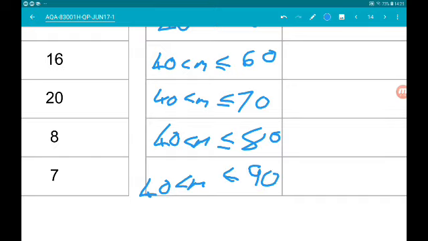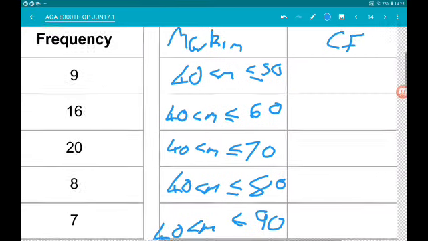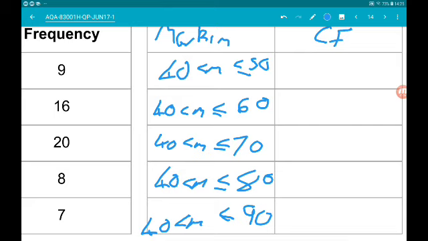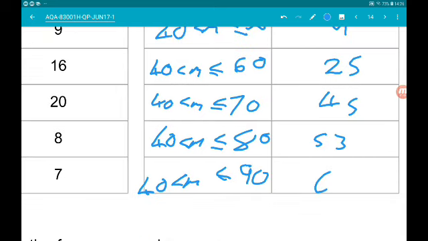So that's those, and now what we do in the right is we add up the frequencies as we go down. So we got 9, add 16 to 25, add 20 to 45, add 8 to 53, add 7 gives us 60. So always make sure that final number is the same as the total frequency in the question.